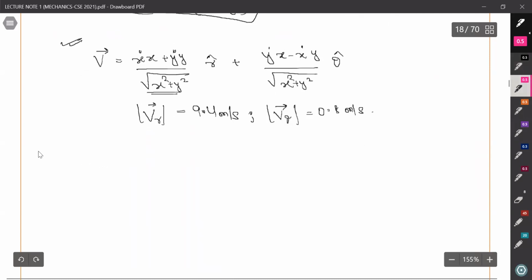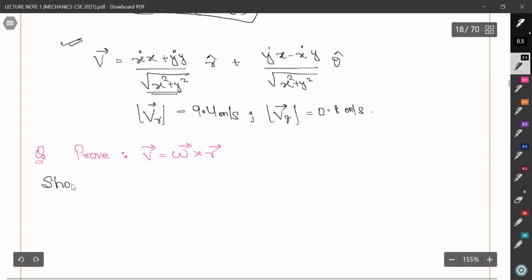Next, we have to prove. What we have to prove? V equals omega cross r. So this is the question mainly, right?